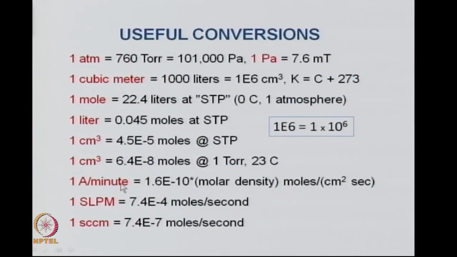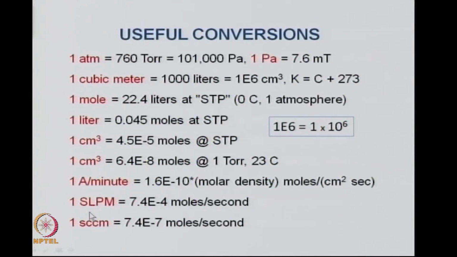Similarly, this rate of impinging, suppose you have how many moles per centimeter square is falling in 1 minute. So, that is this number, 1 A per minute. How many molecules or moles per unit area is falling per minute on a particular substrate is given by this quantity.